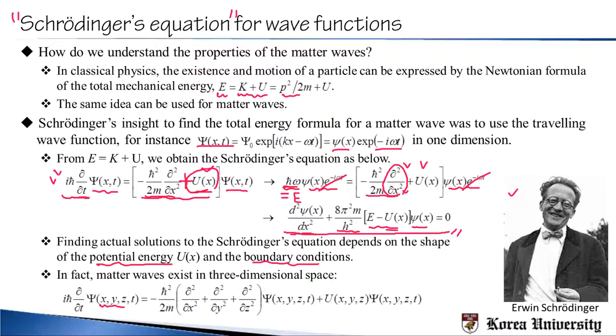Now the kinetic energy actually includes three different terms, the second partial derivative along x and y and z, and the potential energy will also be a function of x, y, z. This is the more correct form of the Schrödinger equation, but it looks a little bit too difficult. So when we try to solve it, we will only think about the one-dimensional case.